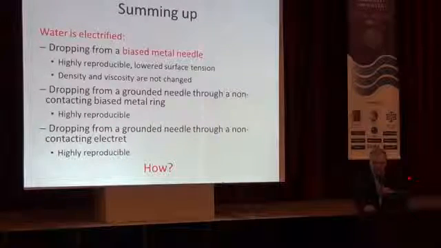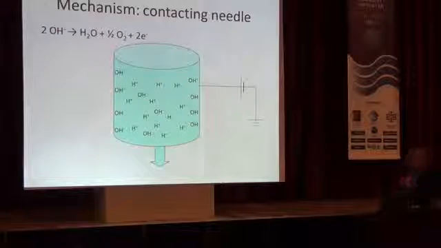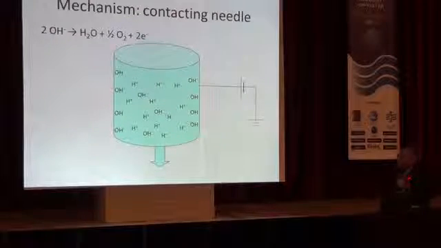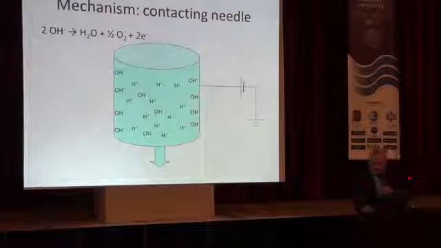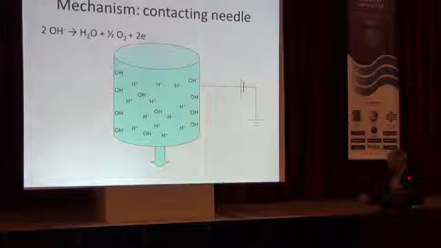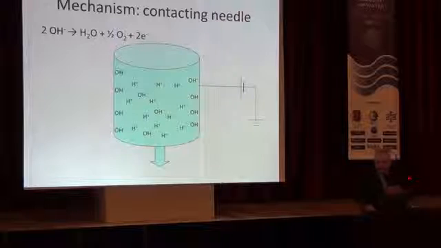So how do we explain this? Well, the mechanism that we propose is this: when the needle is biased, with water passing through, H+ and OH- ions are attracted to the surface. If this is positive, they are discharged, then water flows with excess protons, and vice versa. So in this case, water comes out positive when the needle is positive.